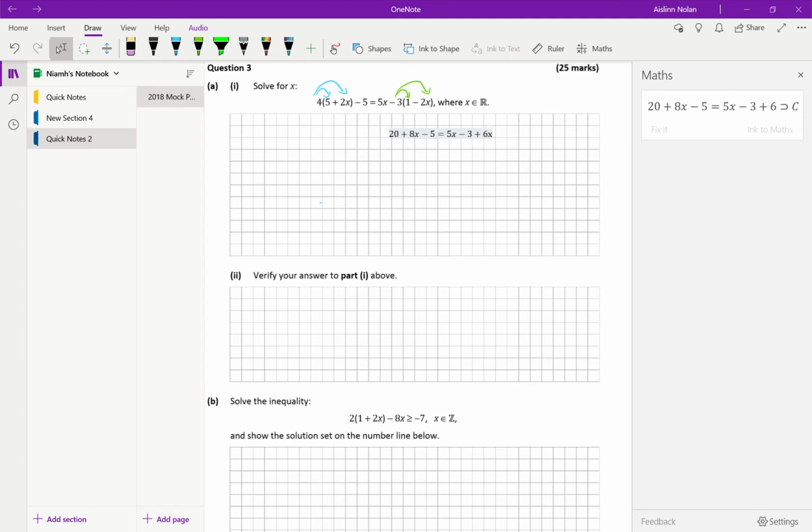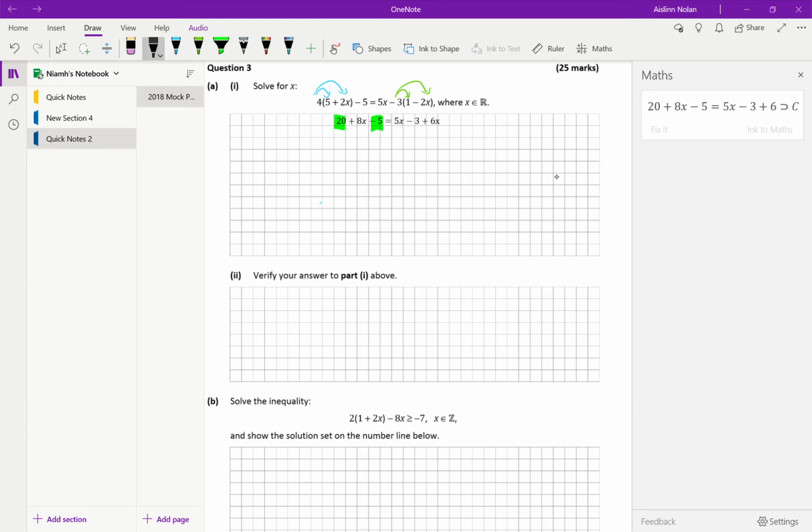Okay, then what we want to do is get anything added or subtracted together that we can. So in this first line we have this 20 and we have this minus 5. We'll leave the 8x there for the minute.